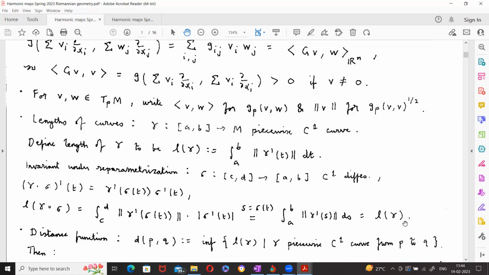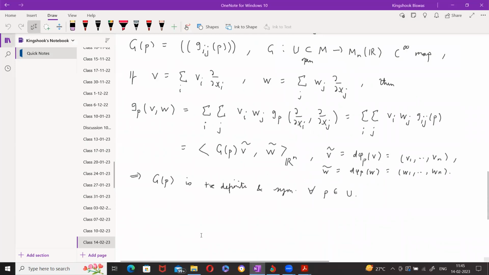So the length is invariant under reparametrization, okay? Is this all right?